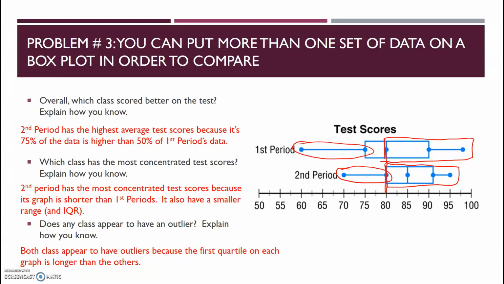Period 1, you could probably argue a little stronger, has an outlier because it has that really low number, but look, 75% of the students scored 75% or higher, and you've got this one student who, it could be, a bunch of the other students scored right around here in this quartile, and one scored at 60%.